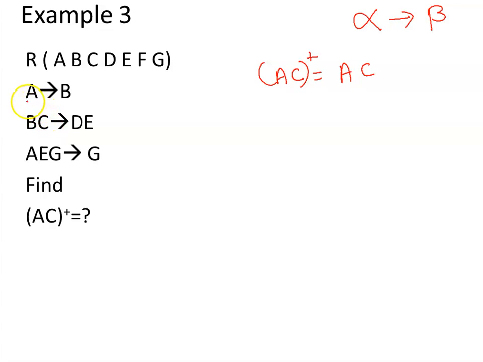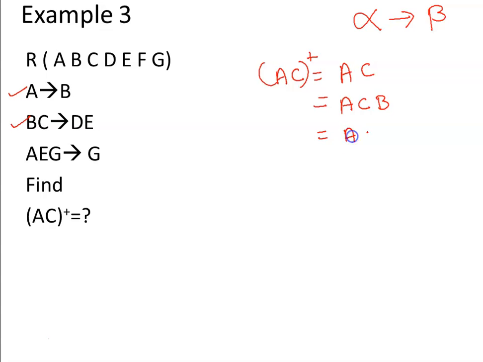I see A determines B and A appears on the left hand side, so the closure on AC is A, B, C. Next, if any of these attributes occur in the remaining FDs, yes, BC appears and BC gives you DE.